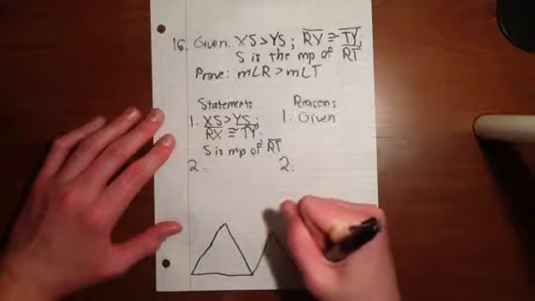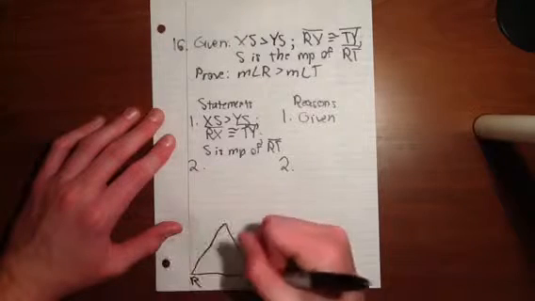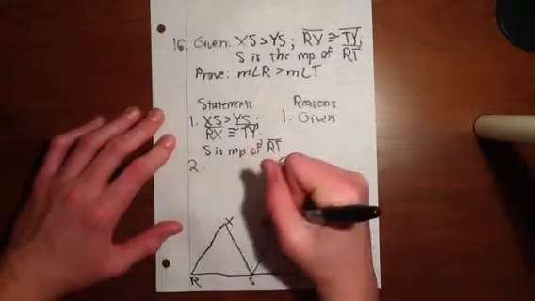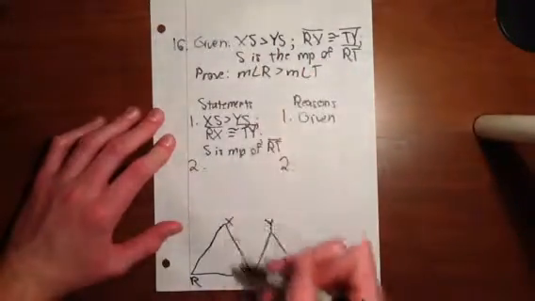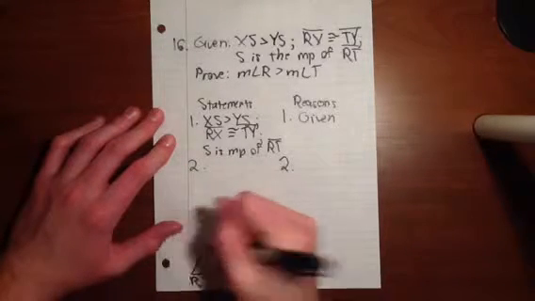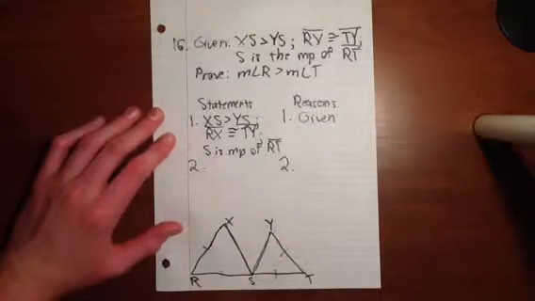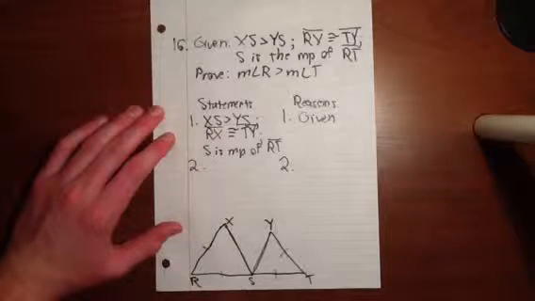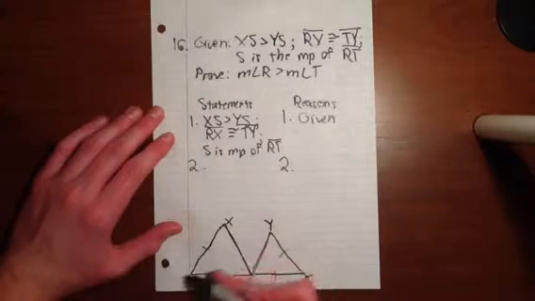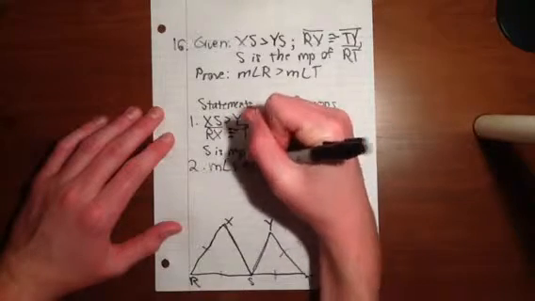This one was simple because of theorem 6-2. So we'll label it. And as you see, RX is congruent to YT. And since S was the midpoint of RT, that means RS is congruent to ST. So we label it in the diagram, and we can use the theorem to state the reason.